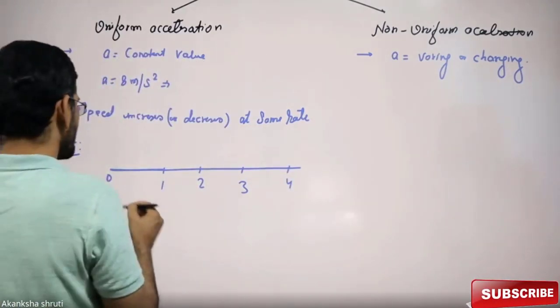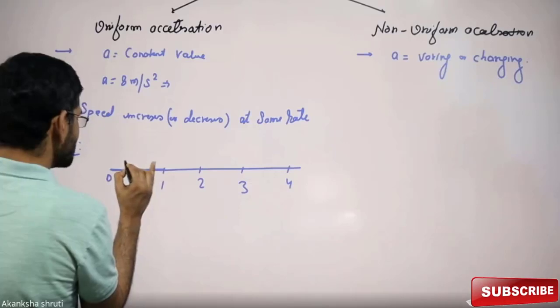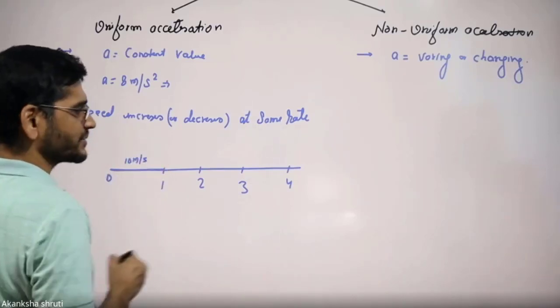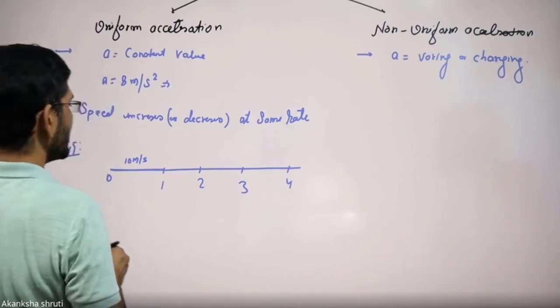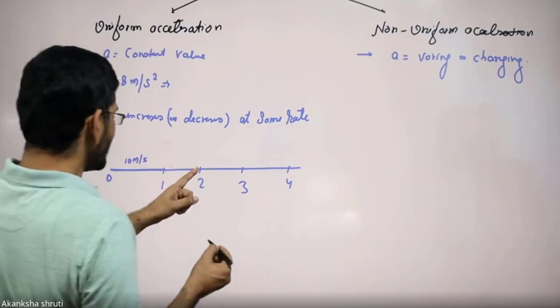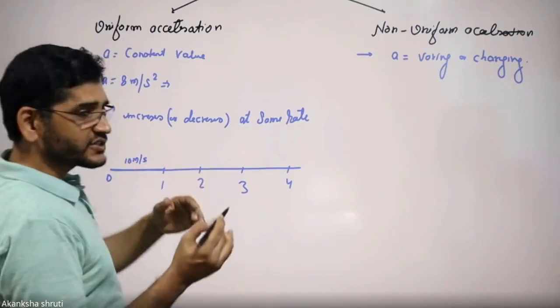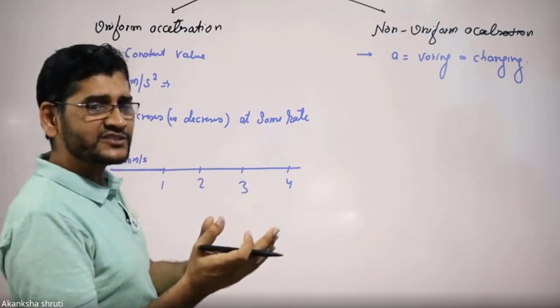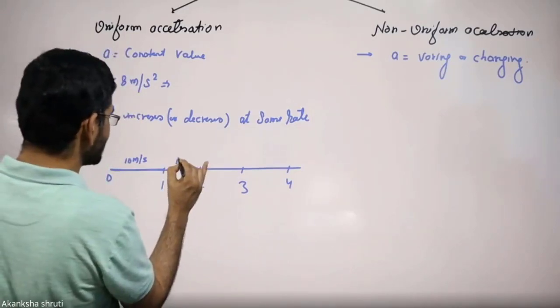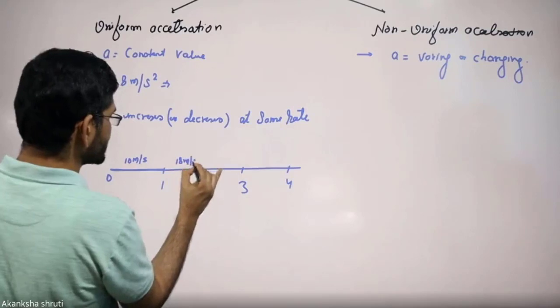Students, so for 0 to 1 second, the speed is say 10 meter per second. Then in the next, the speed must have increased by a certain amount. Let us consider this has gone to 18 meter per second.